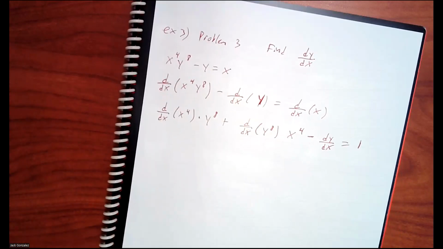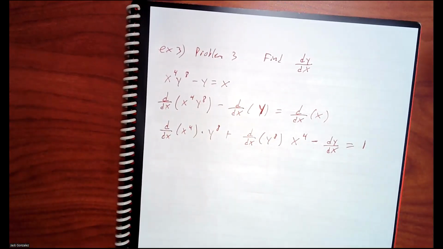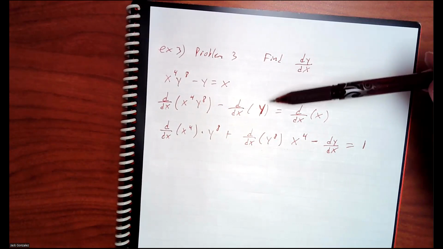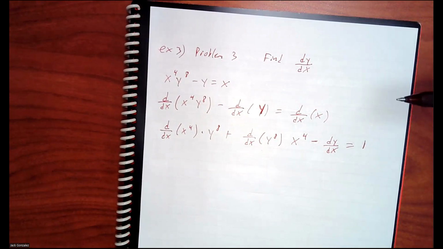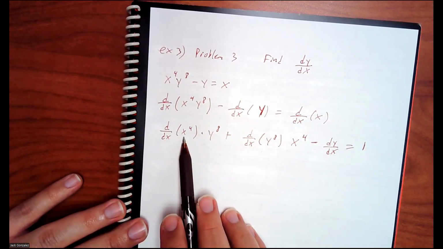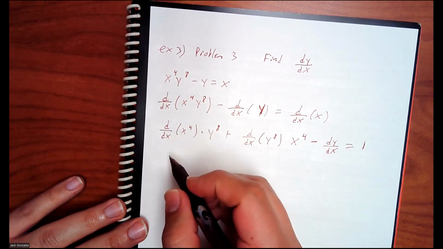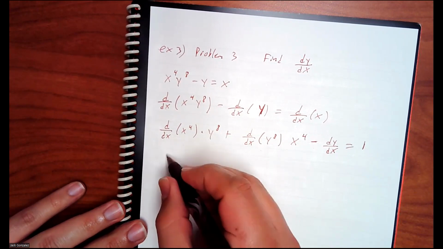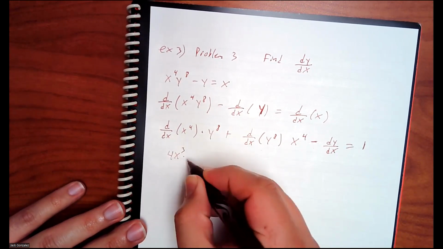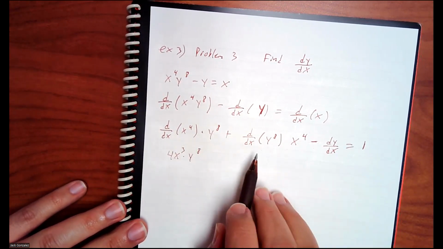Which one? This one is right here. All right, what's the derivative? Actually, the fourth. 4x. Okay, so that part's done.